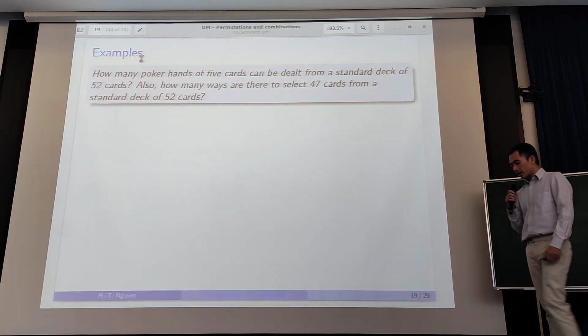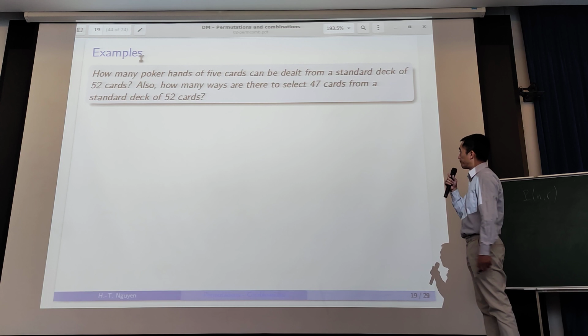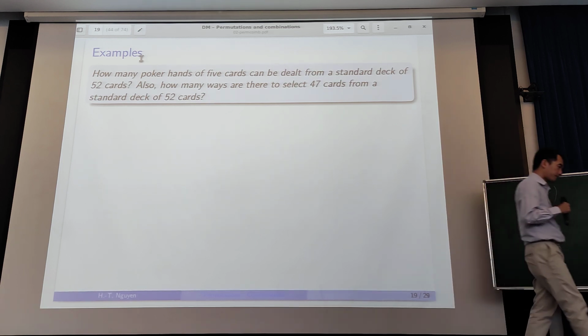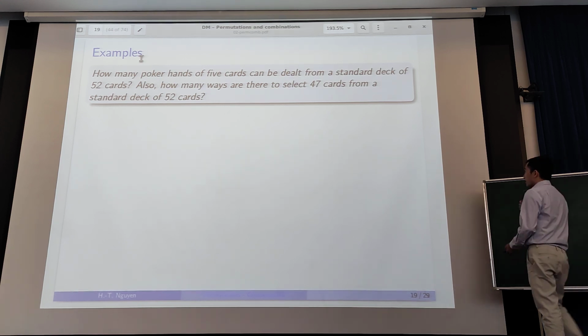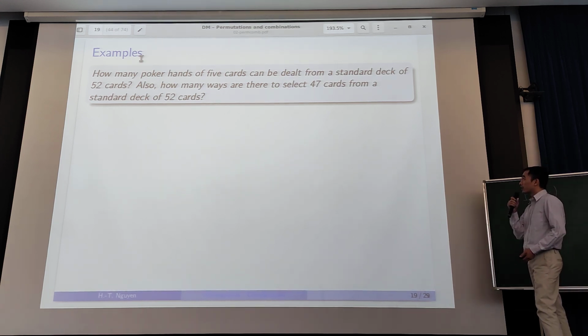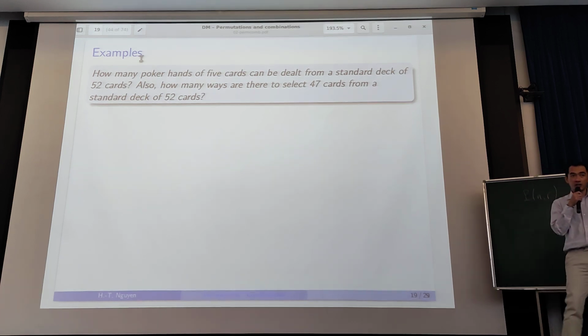Now consider this example. Suppose that you play with a standard deck of 52 cards, and you want to deal a hand of 5 cards. Then, what is the number of different hands you can get?